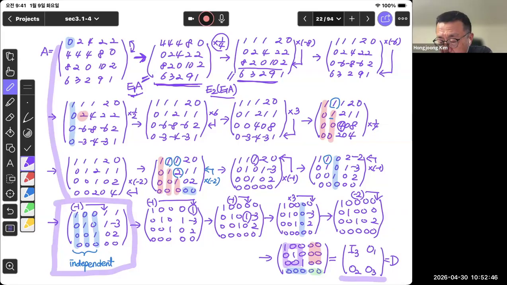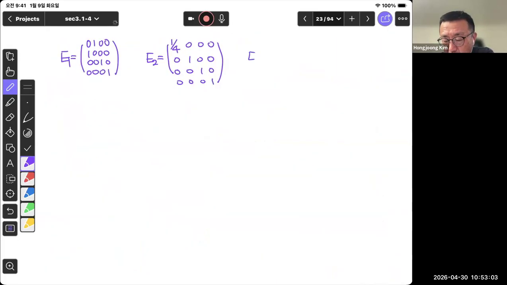And then the next operation is obtained from the third matrix by performing a replacement operation. You multiply negative 8 to the first row and then add it to the third row. So the corresponding elementary matrix will be, given the identity matrix, if I multiply negative 8 to the first row and then add it to the third row, then you get negative 8 in the third row, first column, while all the other numbers in the third row are not changed.